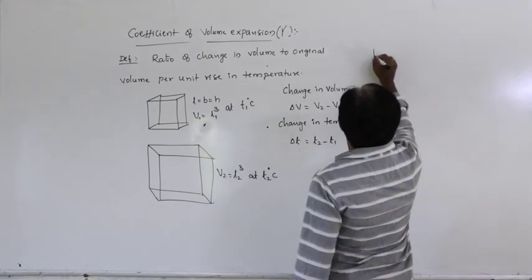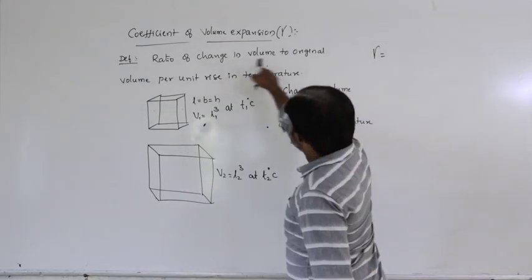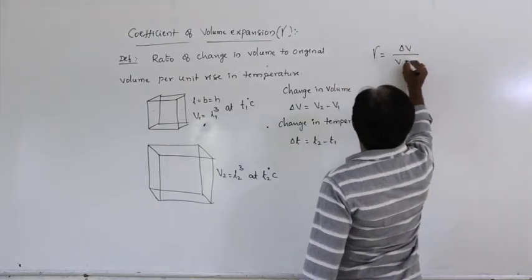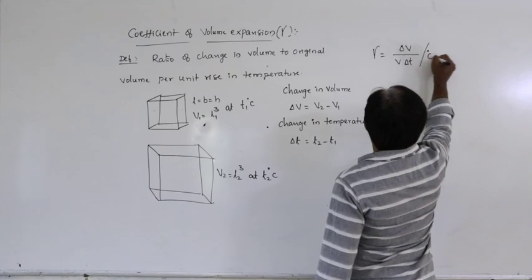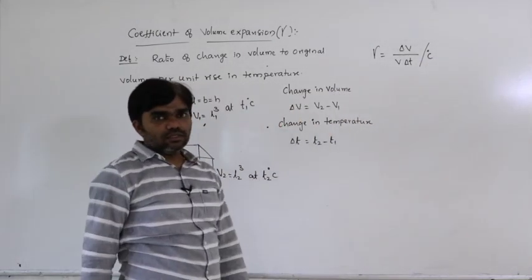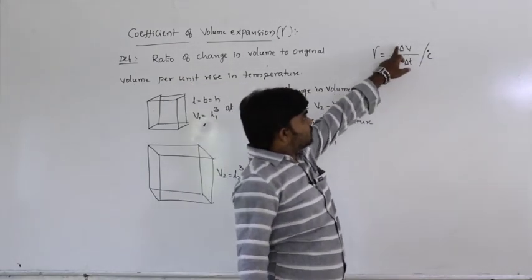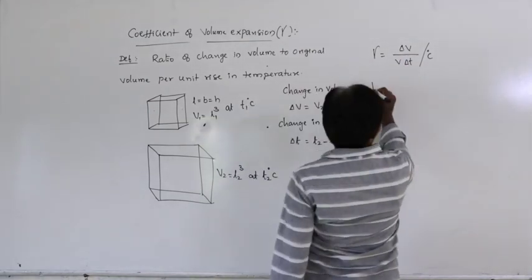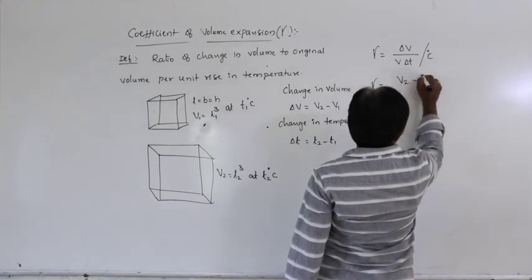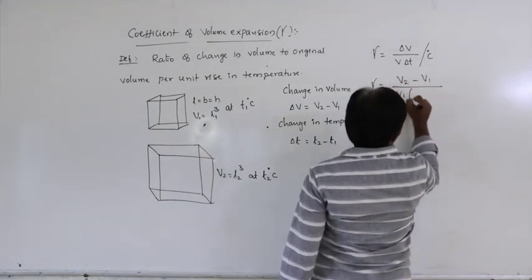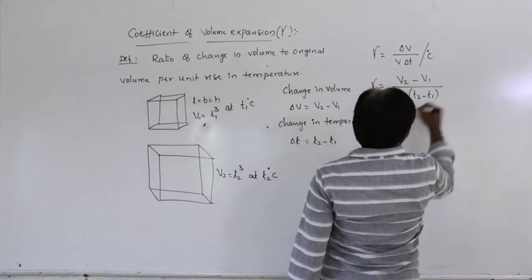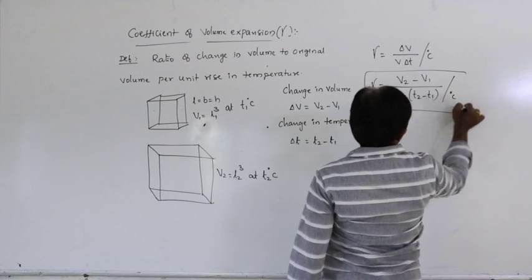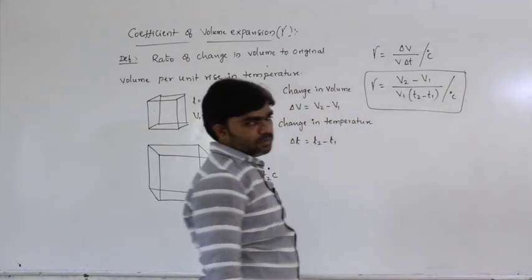Then according to the definition, ratio of change in volume to original volume per unit rise in temperature, that is delta V by V into delta T. This unit is also per degree Celsius. So gamma can be written as V2 minus V1 by V1 into T2 minus T1, per degree Celsius.